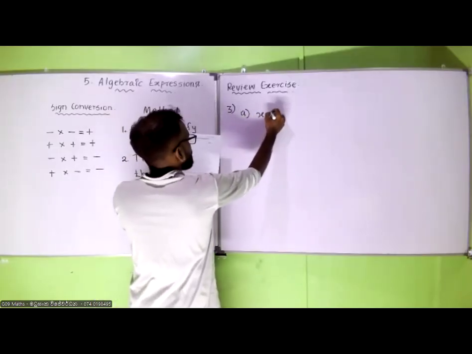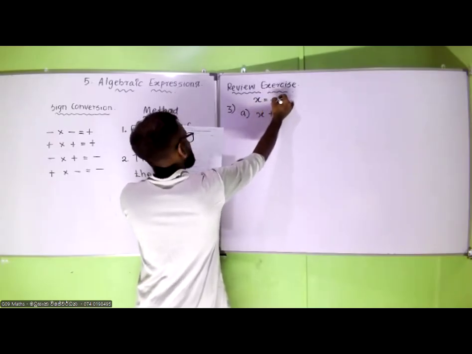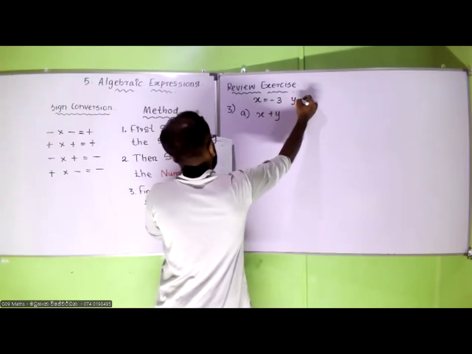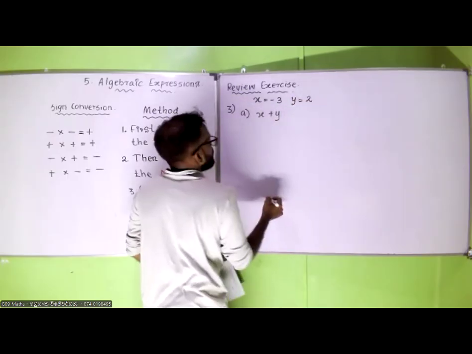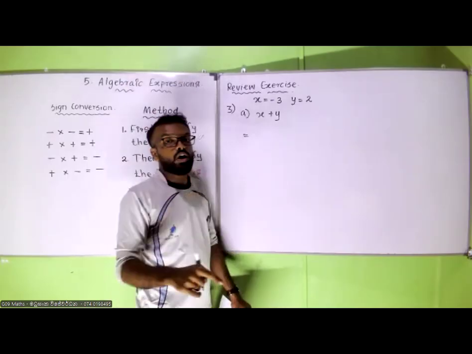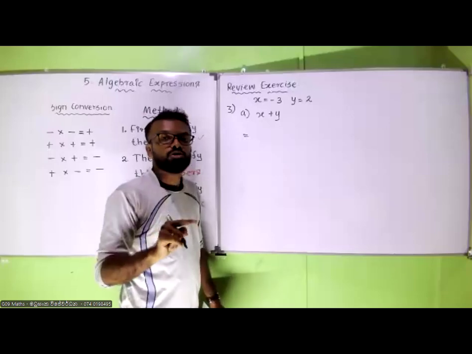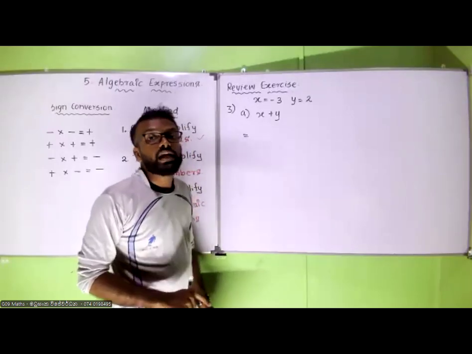That is x plus y. They are telling you to substitute x equals negative 3 and y equals positive 2. Instead of x, you are going to substitute negative 3. It would be better if you use brackets.